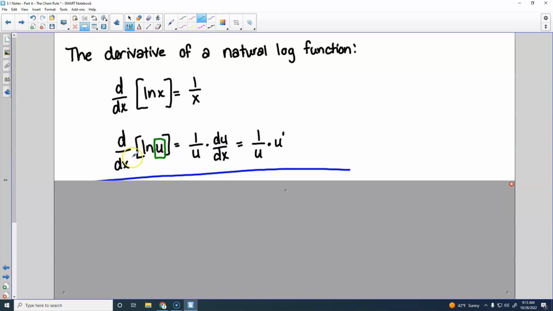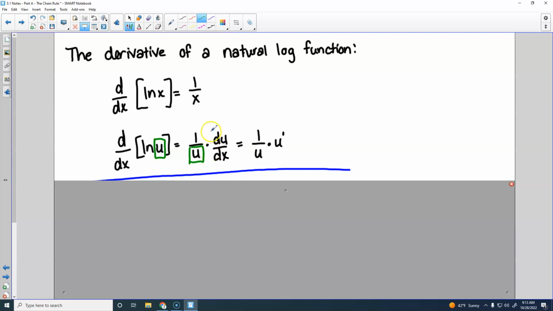So if you have the derivative of natural log of u being something other than just x here, your derivative is still 1 over whatever the u was, and then you will multiply it by the derivative of whatever the u is. So the u is your inside part here. So it's chain rule for this.